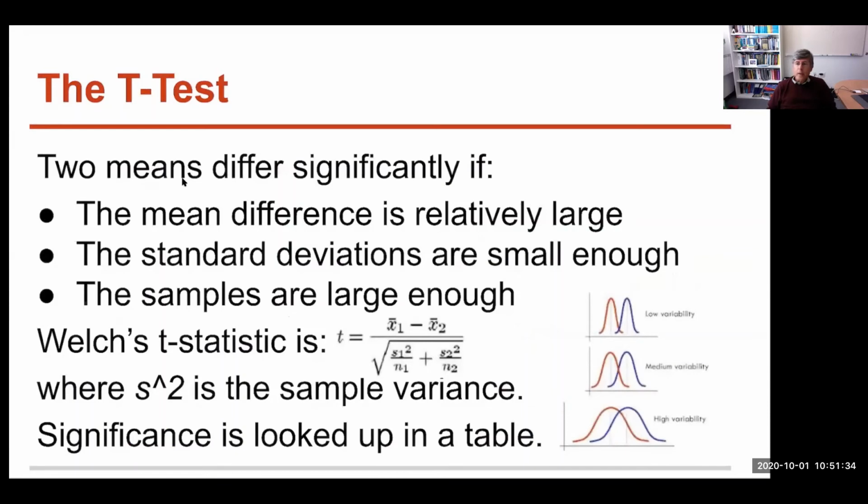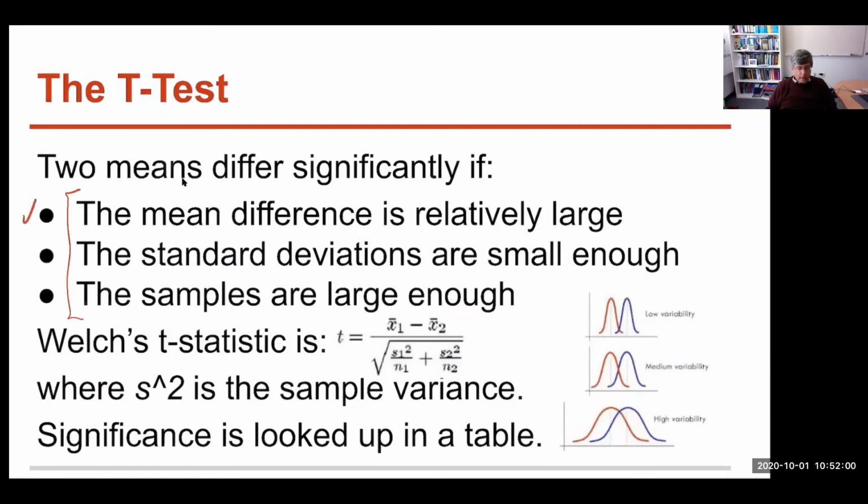So what is a t-test? What is the way that a t-test works? A t-test is going to take advantage of the fact that if we want to know how much we believe that two distributions differ, it's more likely they differ if the mean difference is large.